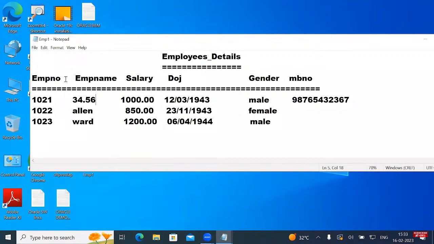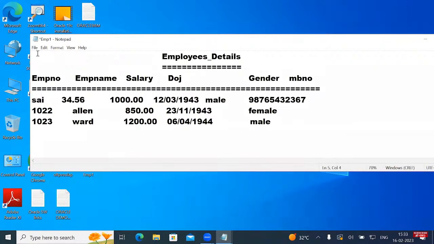But 34.56, is it an employee name? But it is allowed now. There is a problem. Suppose EMP number. What type is EMP number? Integer. There I can give Sai. Sai is also allowed. Is it accurate? No.